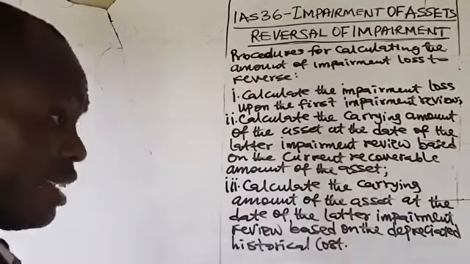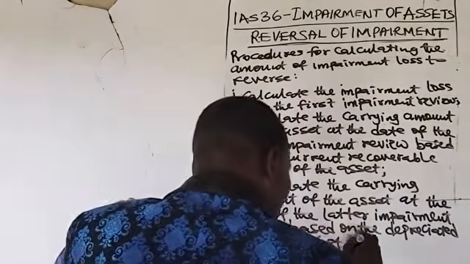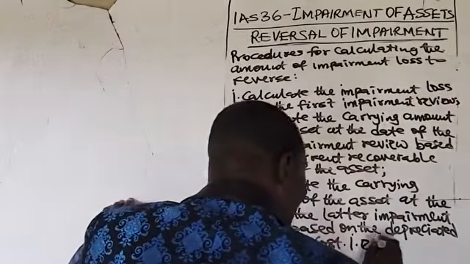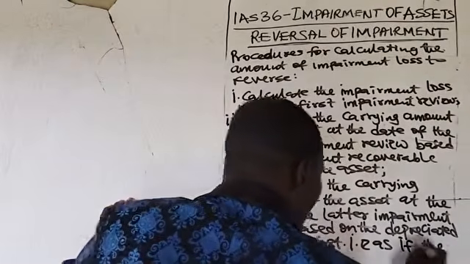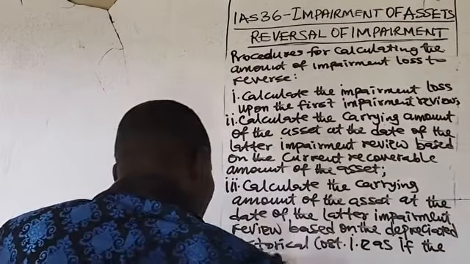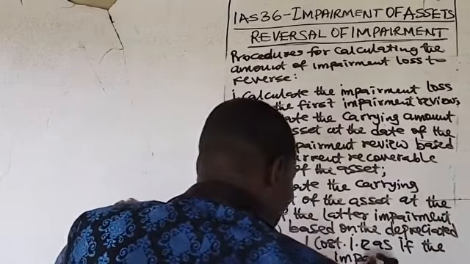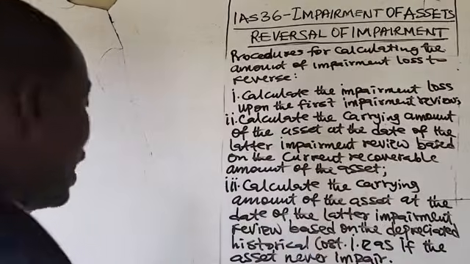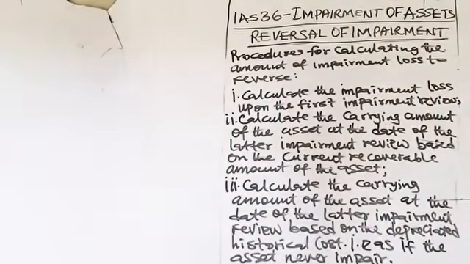That is, as if the impairment loss never happened. As if the asset was never impaired.